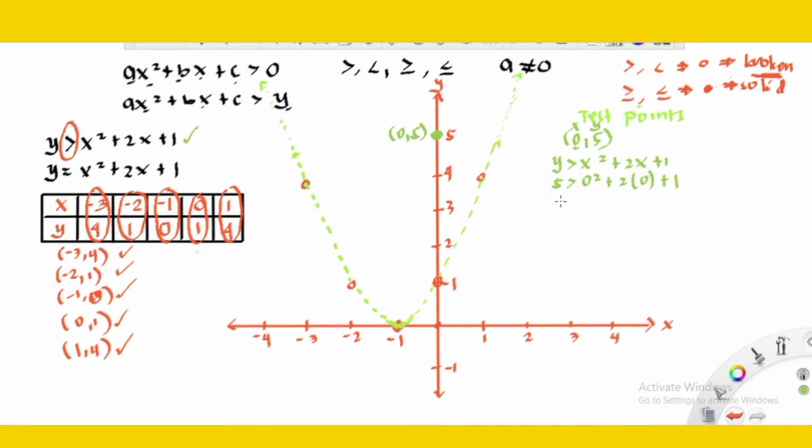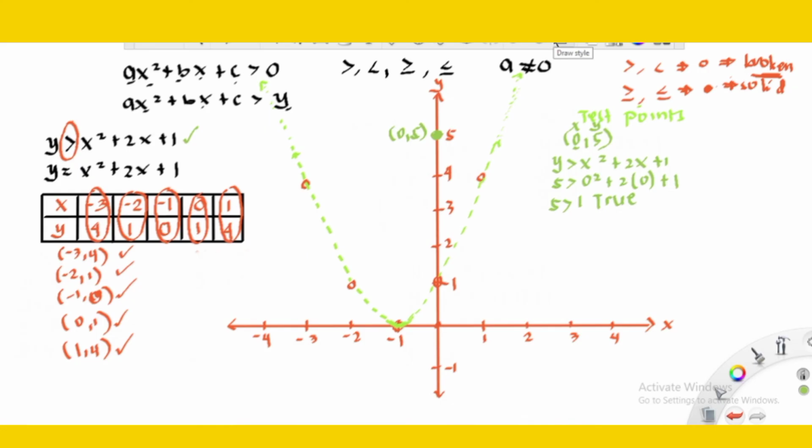So, 5 is greater than 0 squared is 0, plus 2 times 0 is 0, 0 plus 1 is 1. Okay? Now, is 5 greater than 1? Mas mataas ba ang 5 sa 1? Yes, that is true. So, ibig sabihin, dahil nag-true, it means that itong loob na region ang isi-shade natin.